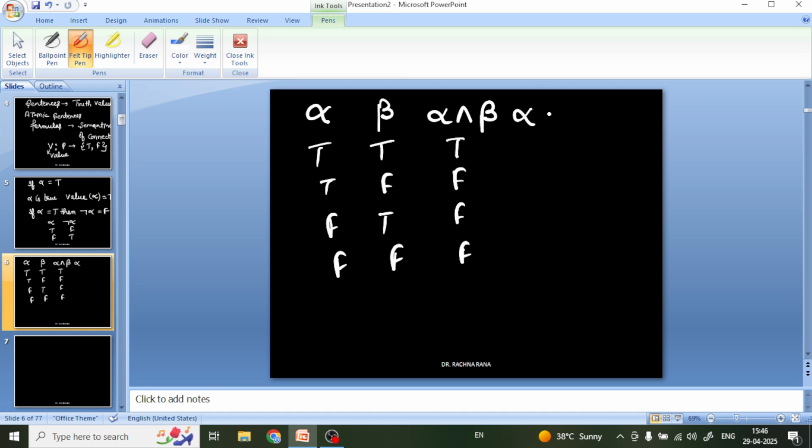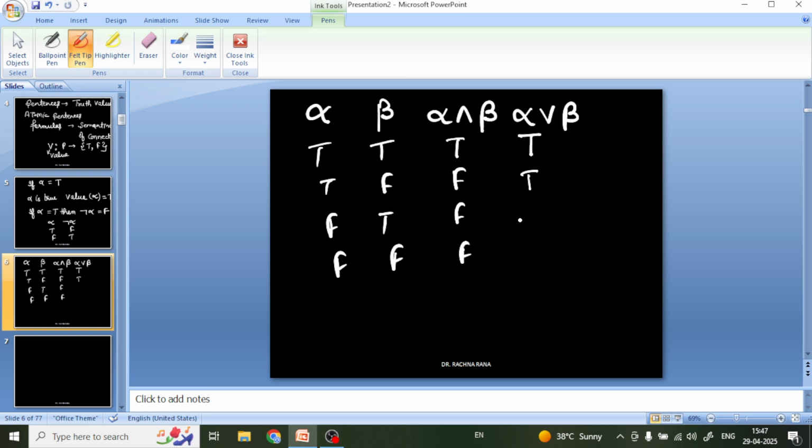If you want alpha or beta, you should keep in mind that if either one of the two conditions is true, then the result will be true, otherwise false. In both cases, if they are false, then the result will be false. Both true, true result.